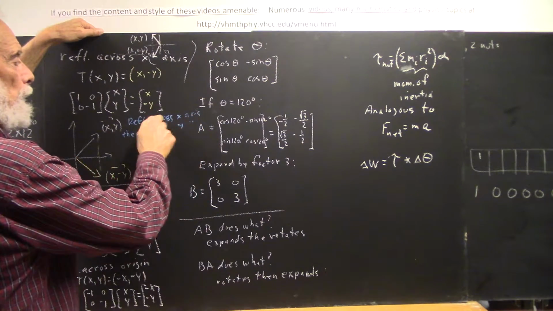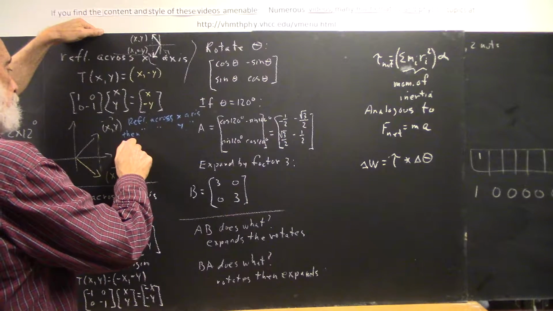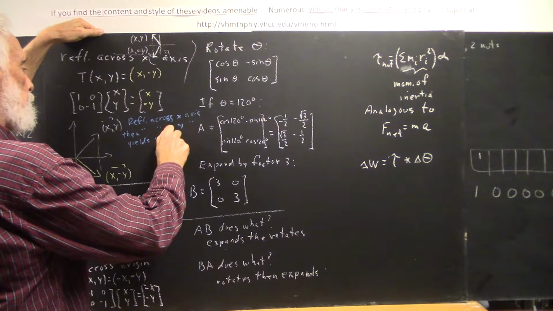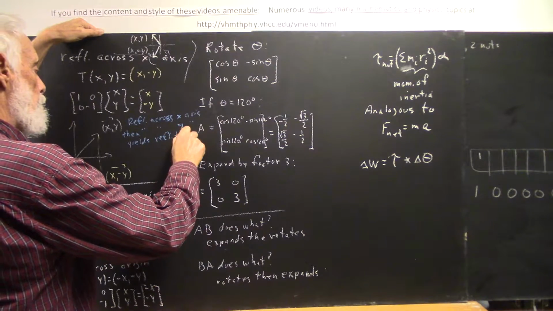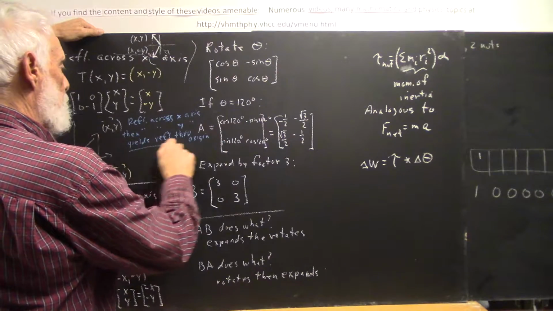Okay, reflection across the x-axis, then a reflection off the y-axis, yields a reflection through the origin.